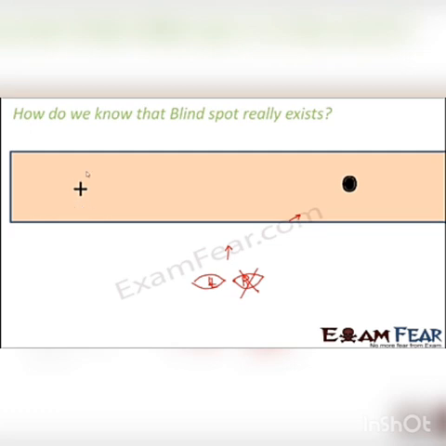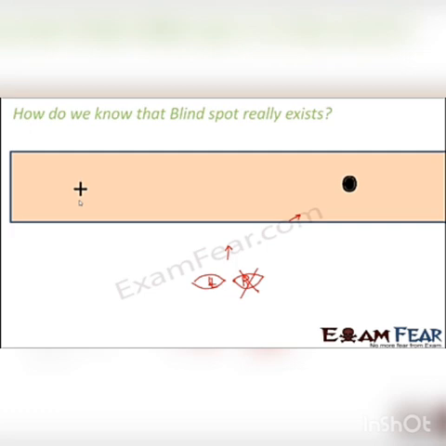That is why you are not able to see the image of this object, because this object is located at such a point that its image should have formed on the blind spot. But since there are no photoreceptor cells, image formation is not taking place and you are not able to see that point. Please try to do this experiment yourself, and you will see that there exists only one such point. It is not that everywhere you are feeling the same. For one particular point you will have this kind of feeling.